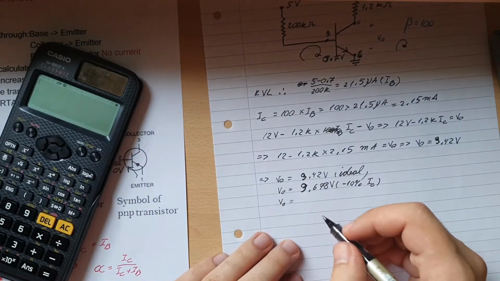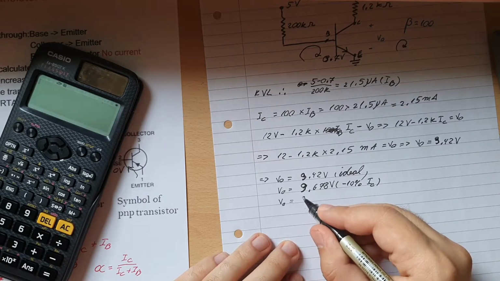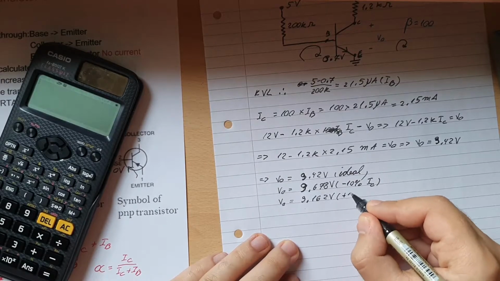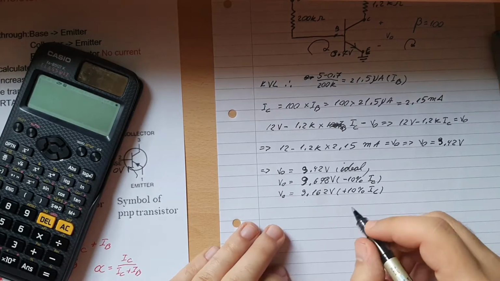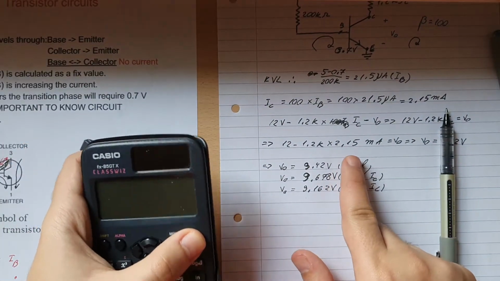Alright. And then this one here will be 9.162 volts if the IC is plus 10% IC. Well, I already calculated this one off screen, but I guess I can just show it to you as well.